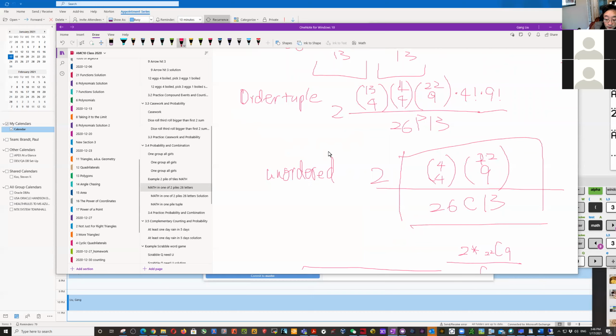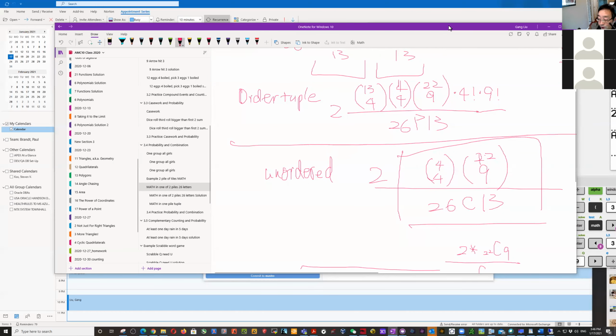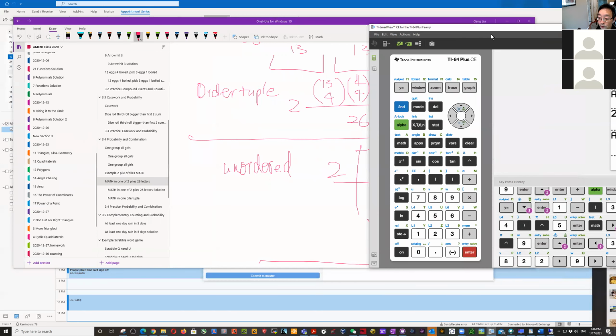So this is unordered. Let's check the ordered. For the ordered case, we can also use the calculator.